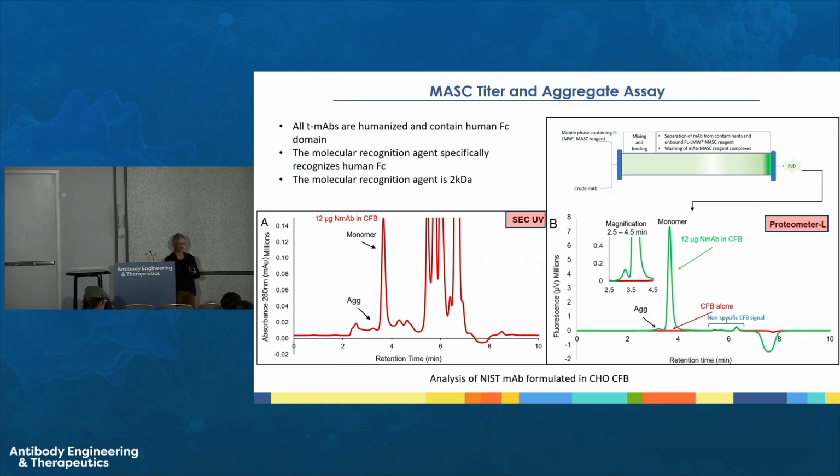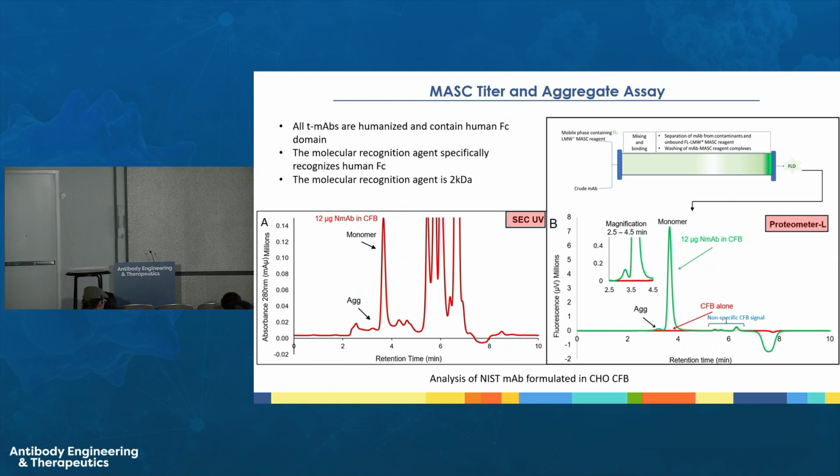Whereas if you do the Proteometer-L assay, you get a really simple chromatogram. You can see the aggregate peak and the mAb peak, and there's no background from the clarified fermentation broth alone. There is some really low non-specific signal over here.